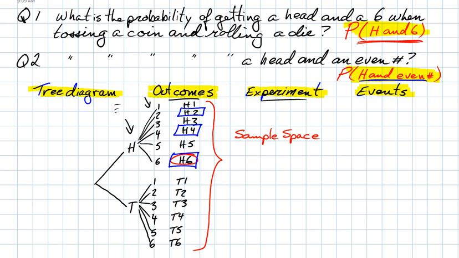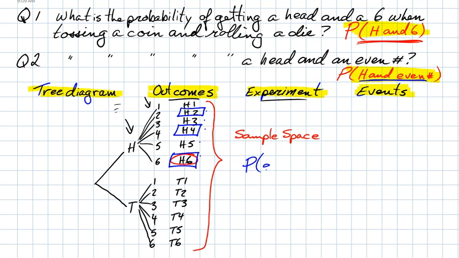So based on our tree diagram, we can see that the theoretical probability of an event happening, where each outcome is equally likely, is like this.